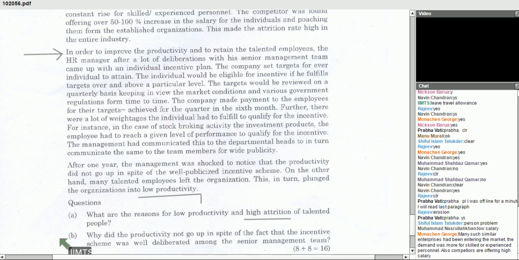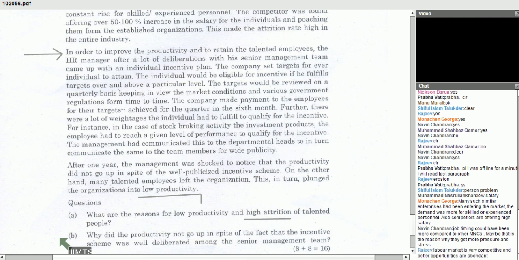Also, the competitors are offering high salary. Very good, Manachan. Correct. Labor market is very competitive and better opportunities are abundant. Okay, very good. Okay, Naveen writes job timing could have been more compared to the other MNCs. Maybe that is the reason why they got more pressure and stress. Okay, good point.